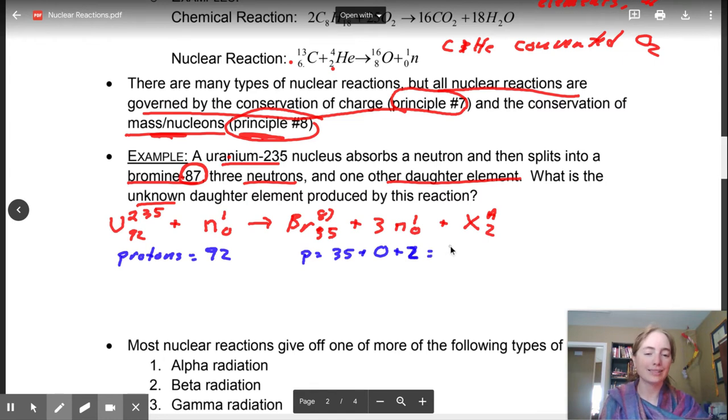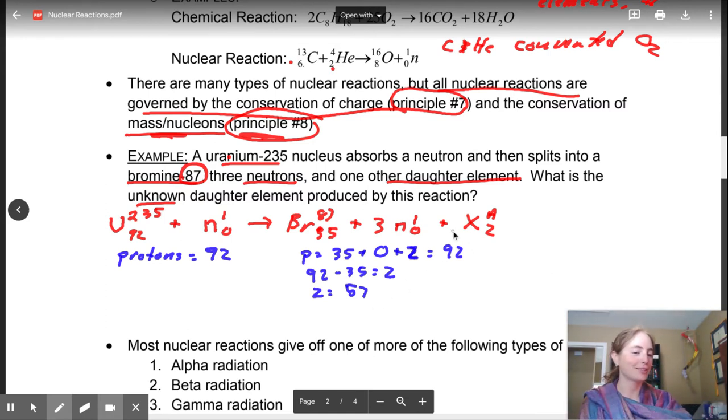That has to equal 92. So I'm going to rearrange this and have 92 minus 35, and that's going to give me the total number of protons that are in Z. So that's going to equal Z, and once you do the math, you get a lovely value of Z of 57.